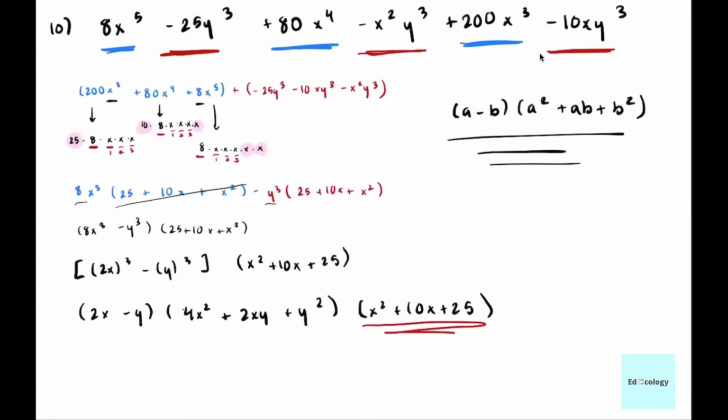So how do you simplify this into a plus b squared? We know that a plus b squared is a squared plus 2ab plus b squared. So do you think that anything here can be rewritten in a plus b squared to equal x squared plus 10x plus 25? Yes.